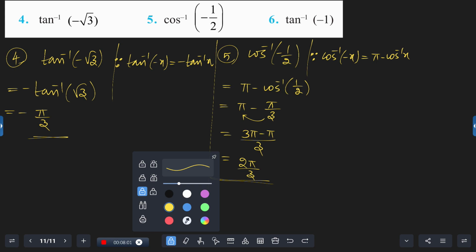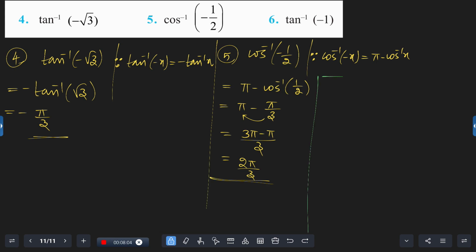Next, question number 6. What is given? Tan inverse of minus 1. This we have already seen here. So what is tan inverse of minus x? Minus tan inverse of 1, this formula. Again the same formula I am using in the 6th. Okay, right.